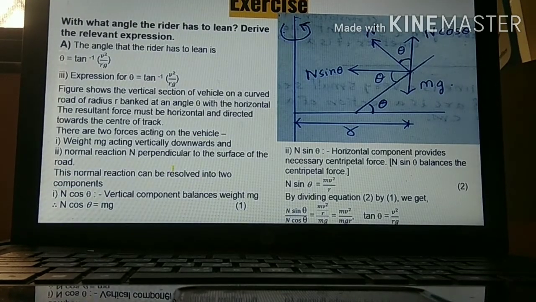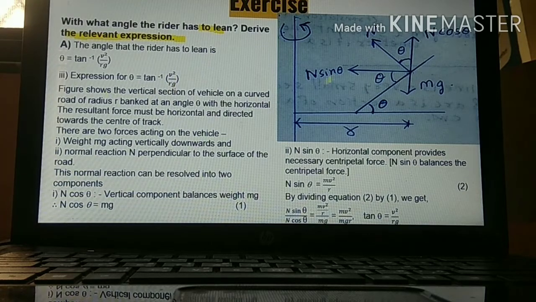Next one. With what angle does the rider have to lean? Derive the relation. There is some angle by which the rider has to lean. The angle is given by theta is equal to tan inverse of v square upon r g.